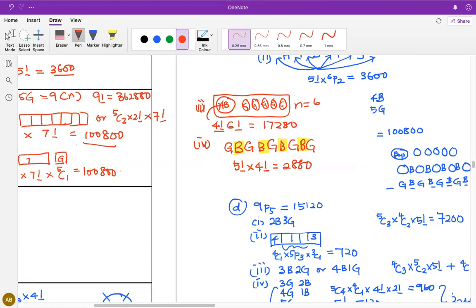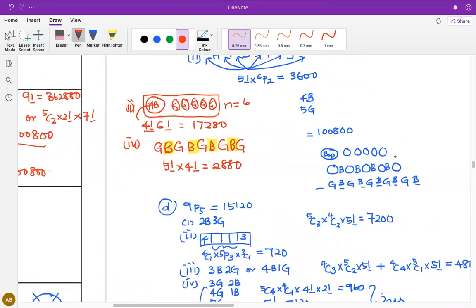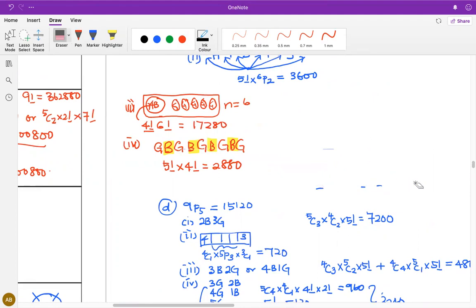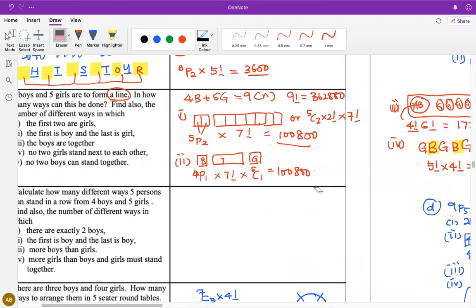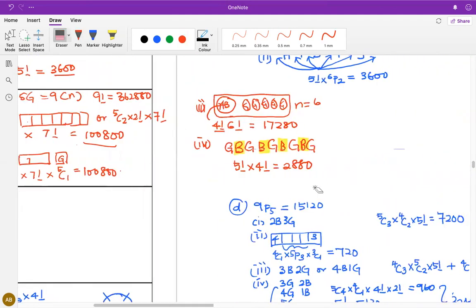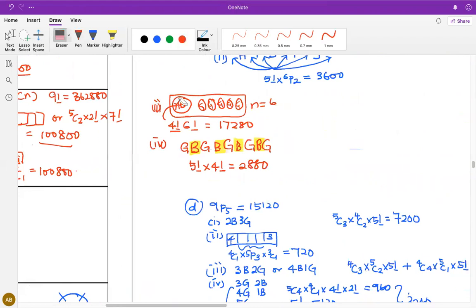Okay, so the last one is no boys can stand together. So there are 2 ways to do it. First way is the total 9 factorial, you minus the boys together. That is number 3, that is 4 factorial times 6 factorial.